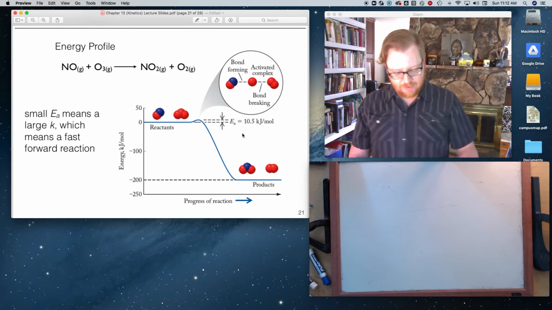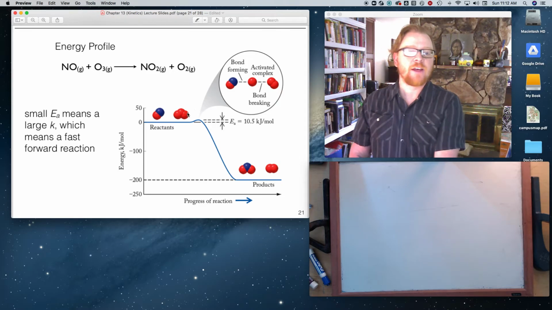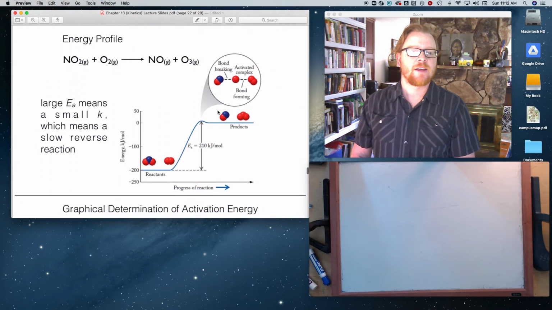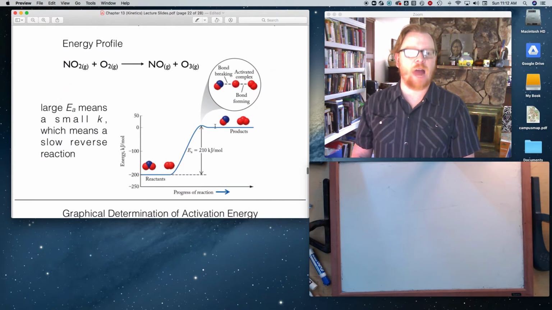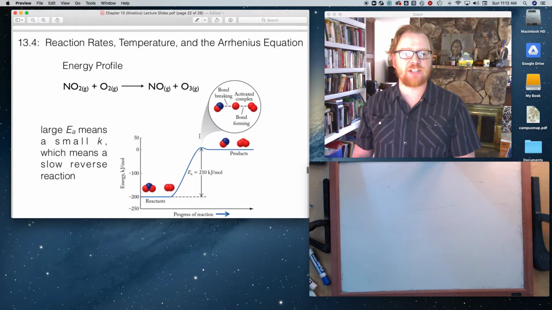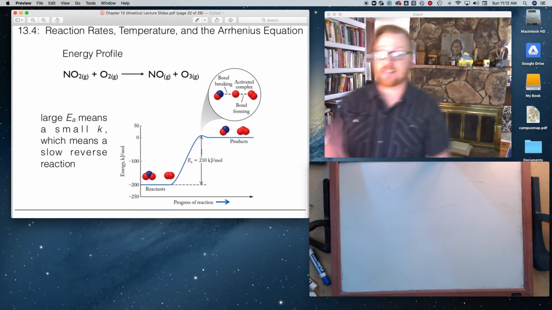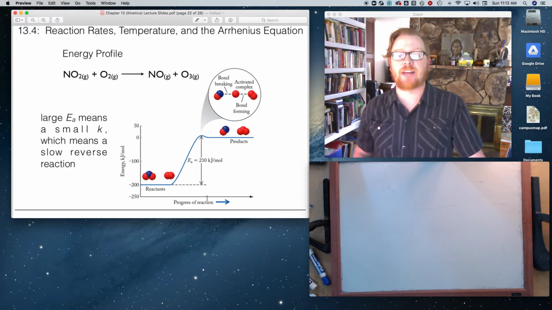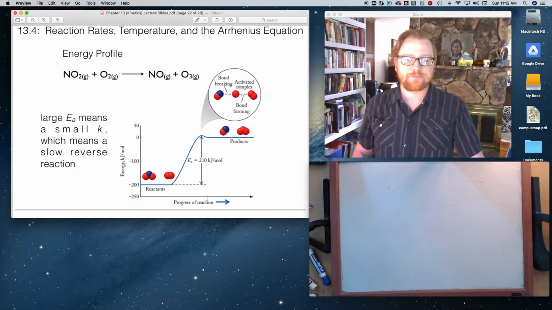And let's see here. Going to the next slide. So now if we look at the same reaction but try to reverse it, okay? This is the exact same reaction but now reversed. So now NO2 and O2 are reacting to form NO and O3. So you can see this activation energy is now humongous because it included that little tiny bit right there, but it also included that entire delta H, all right?